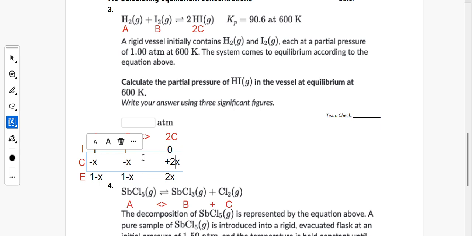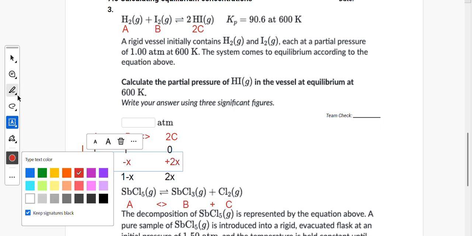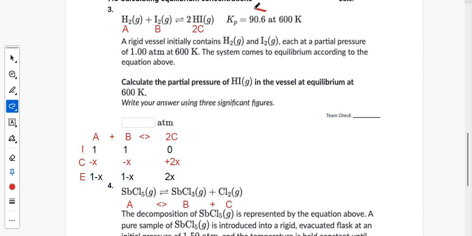Okay, now that I've done my ICE table, I don't know what to do. I can't really do anything with it. And the reason why is because they gave us our K value. That K value, I'm going to switch colors here, and I'm even going to circle it. This K value is what we need to set our work down here equal to, and then we can solve for what we're being asked to find.